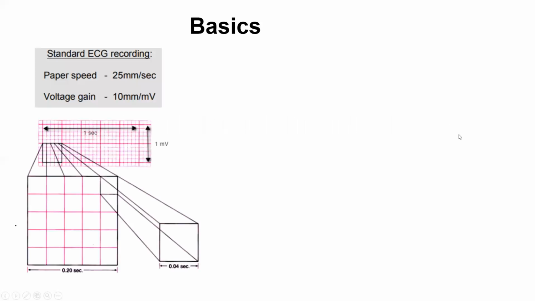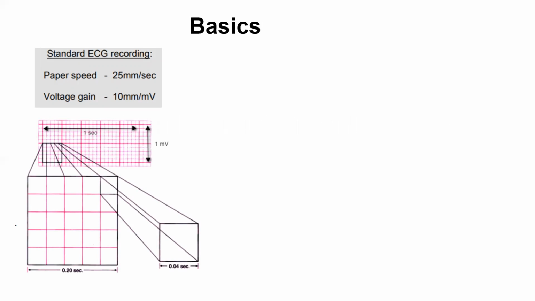So let's get started. First things first, we definitely need to know some basic knowledge of the EKG. For the standard EKG recording, the paper speed is 25 millimeters per second. The voltage is 10 millimeters per millivolt.